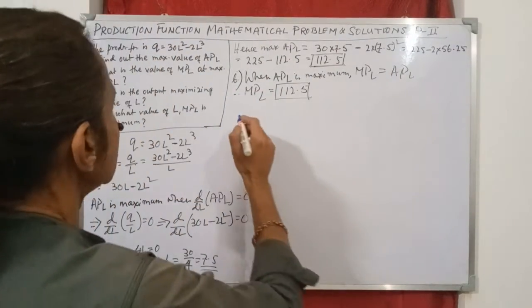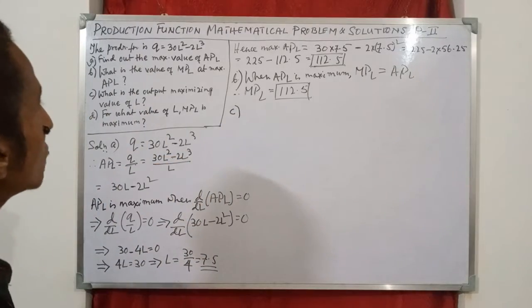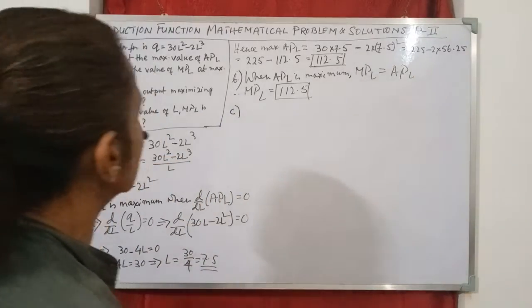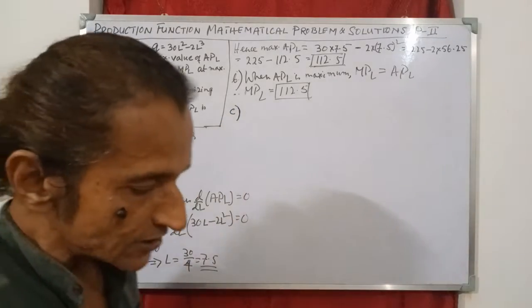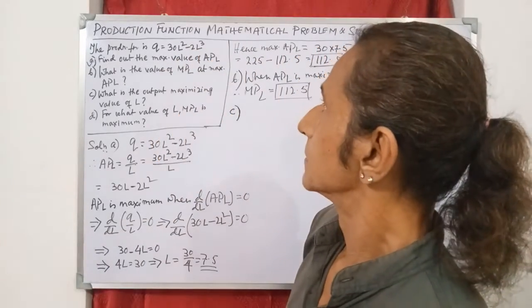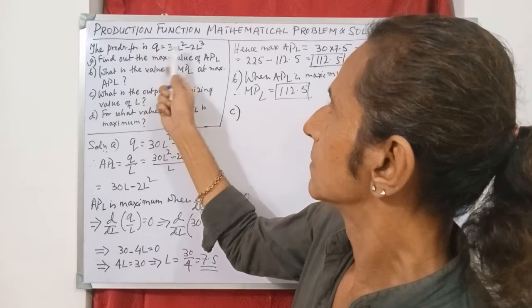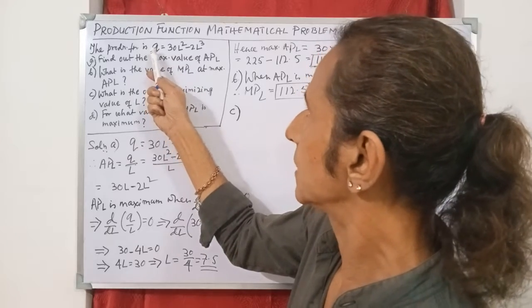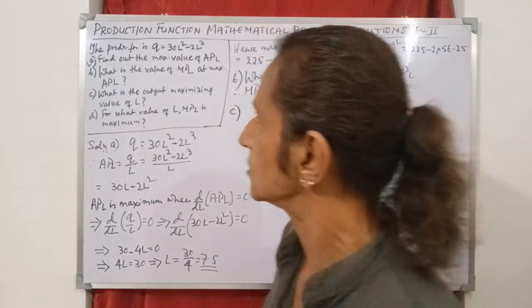Now come to part C. What is the output maximizing value of L? Output is maximized when dQ/dL, that is, differentiating Q with respect to L, the production function, becomes 0.